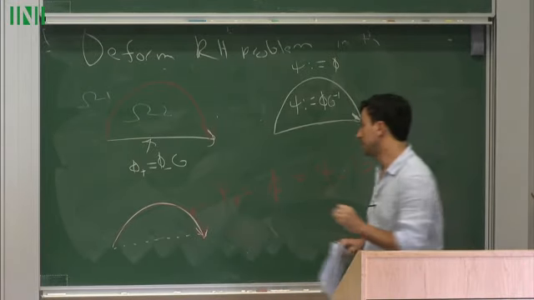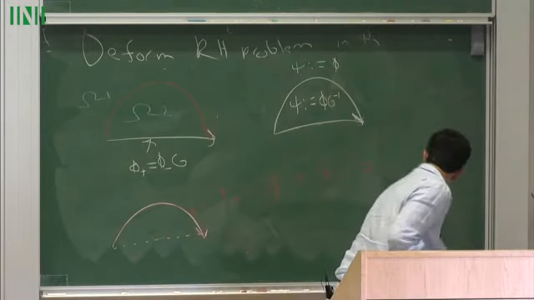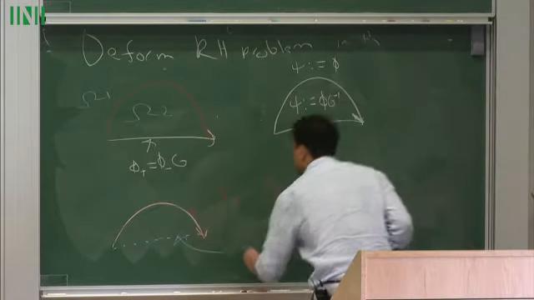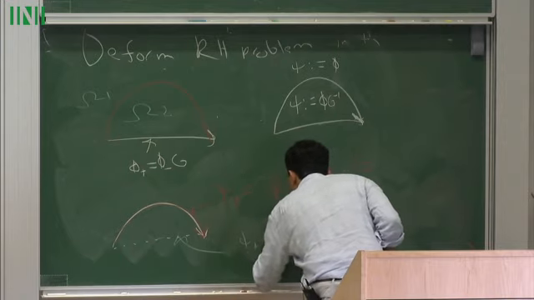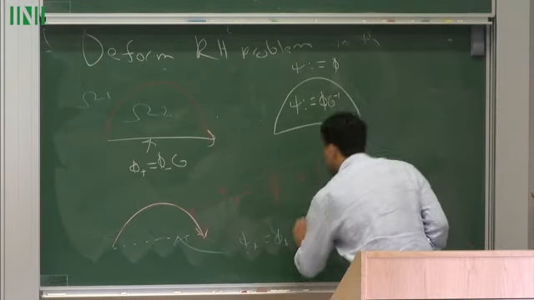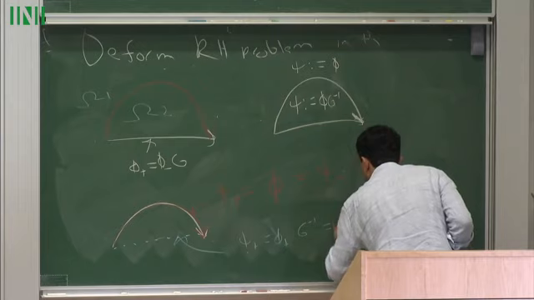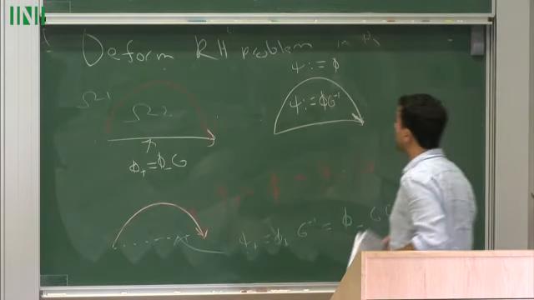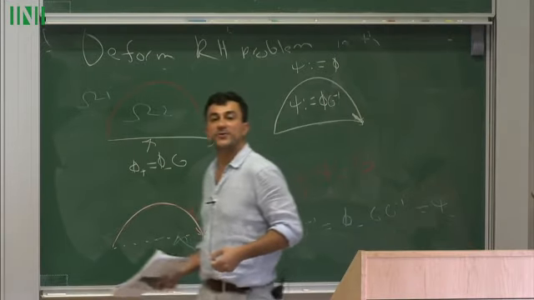Okay? Where on the old contour, it satisfies psi plus is equal to phi plus times g inverse, is equal to phi minus g inverse, is equal to psi minus. Okay.